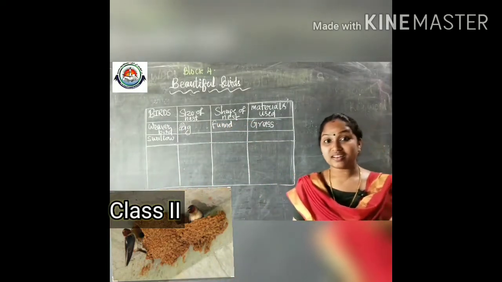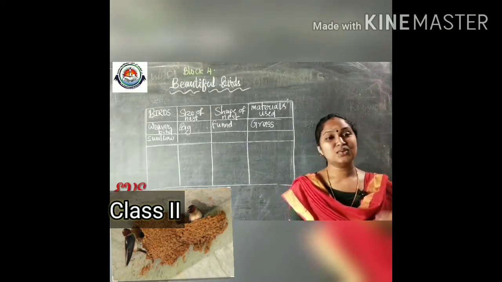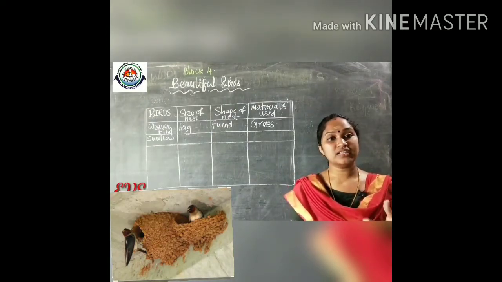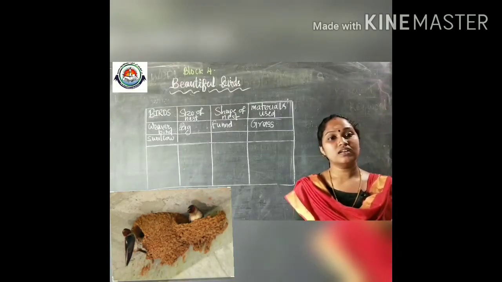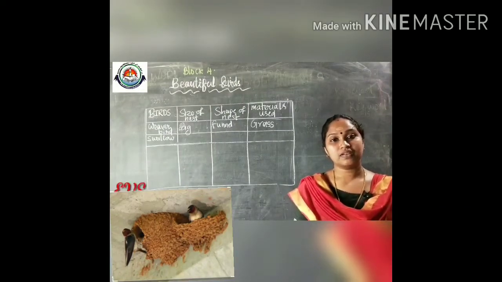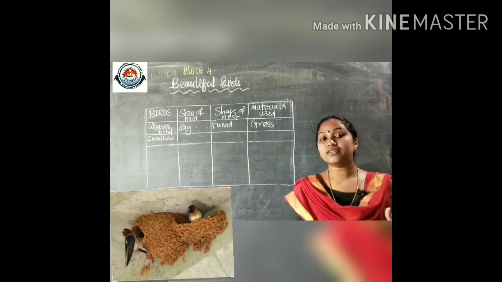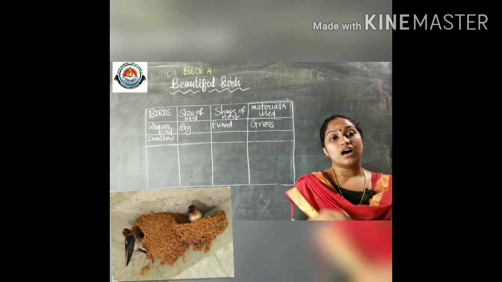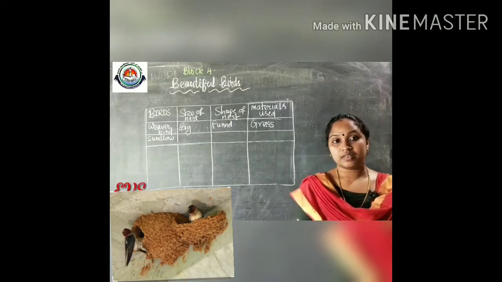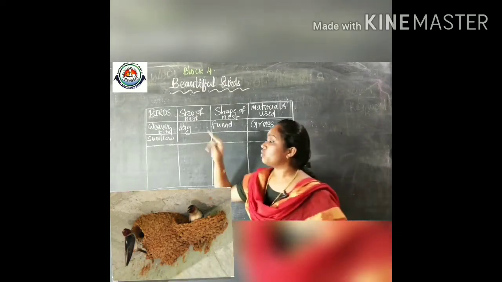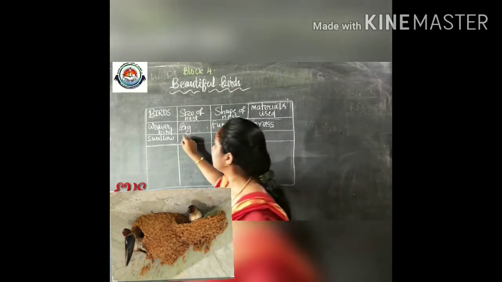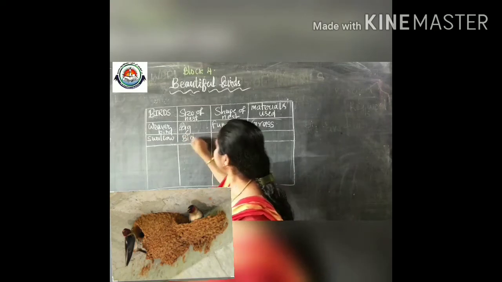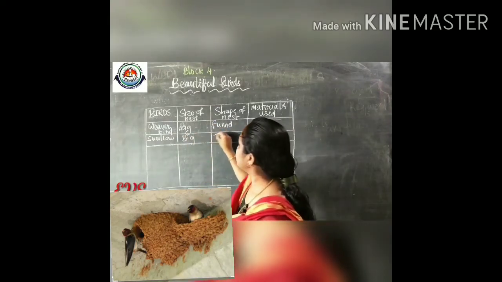How beautiful their nest is, right? So, these birds actually know the art of building the nest, because their nest is entirely different from other birds' nest. You can see it from the picture itself, right? So, what about the size of swallow bird's nest? It's big and the shape, it's tunnel shape.